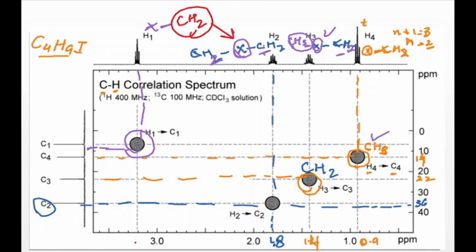Now, as we see here, this is mostly located in the region of about 5 ppm value.